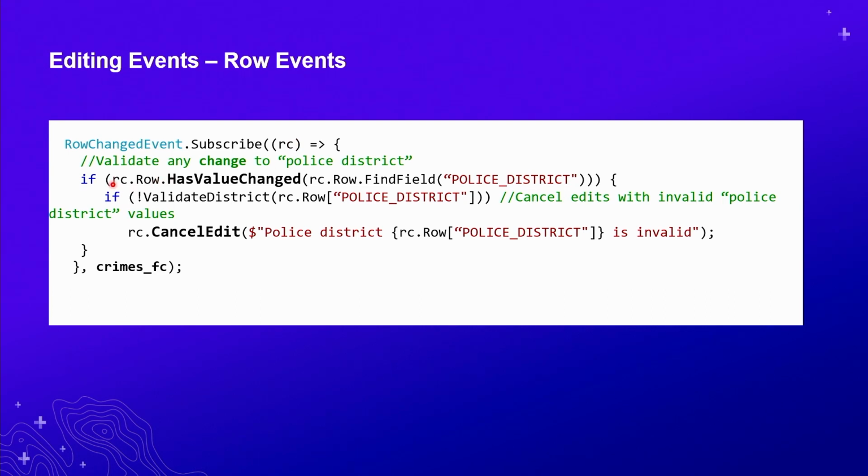So I'm just saying the row has the value changed. That's a property on the row for this particular field that tells me that it has changed. Then I'm doing some sort of validation of the district code, which is not shown here, that's somewhere else. And if that doesn't pass validation, I'm saying cancel the edit. So this is an example of running that validation as a change event.